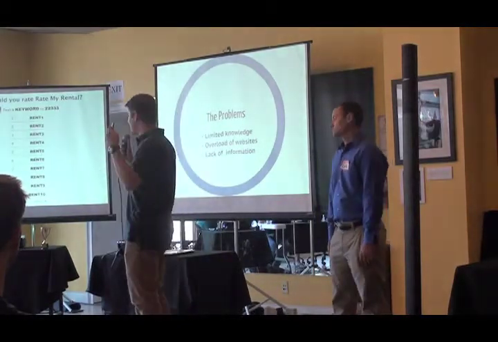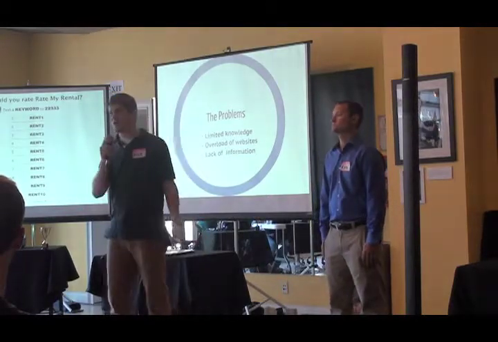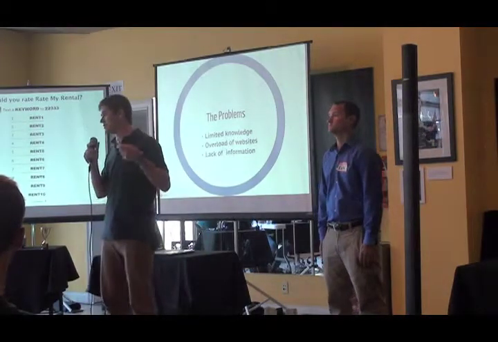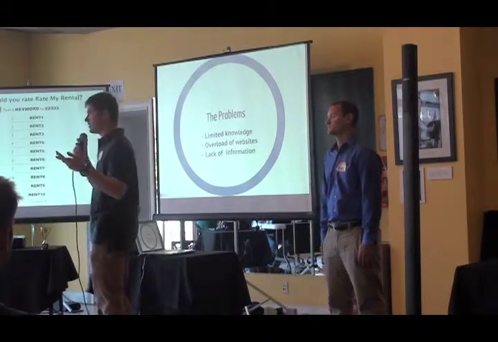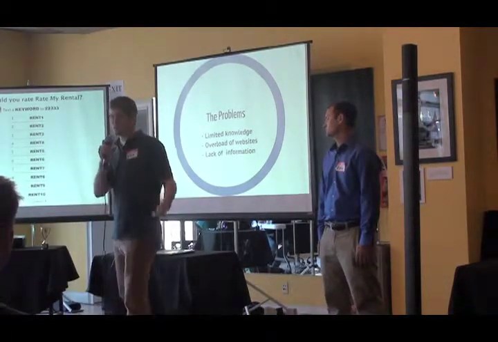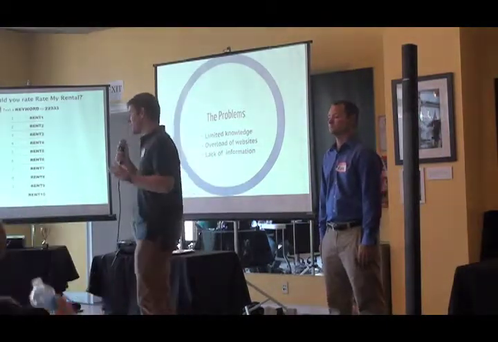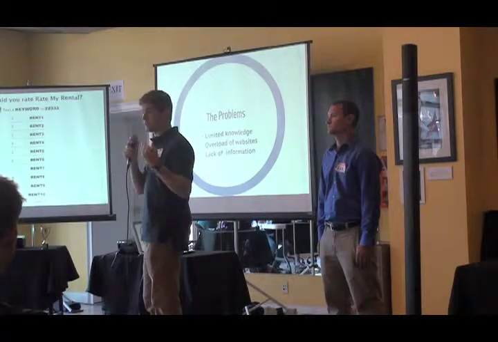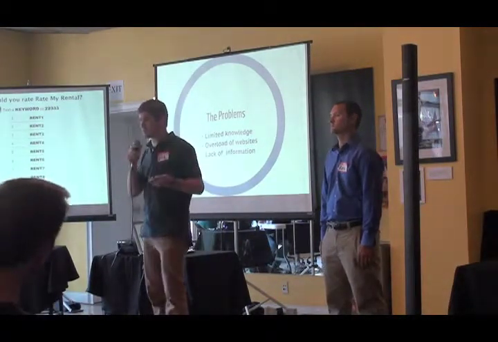On top of that, there's the problem of the lack of information. A lot of these sites only provide the information that the landlords or homeowners provide. For my example, I go to Craigslist. I've been to Craigslist 3 times for 3 of my rentals. I will see a picture and contact information for the landlord.